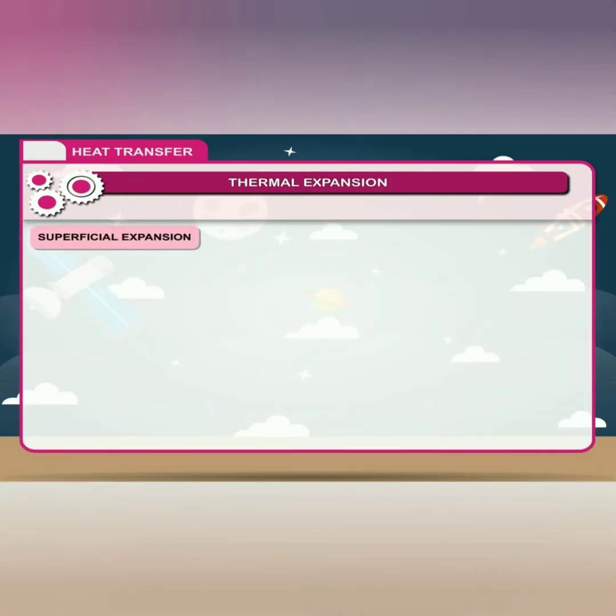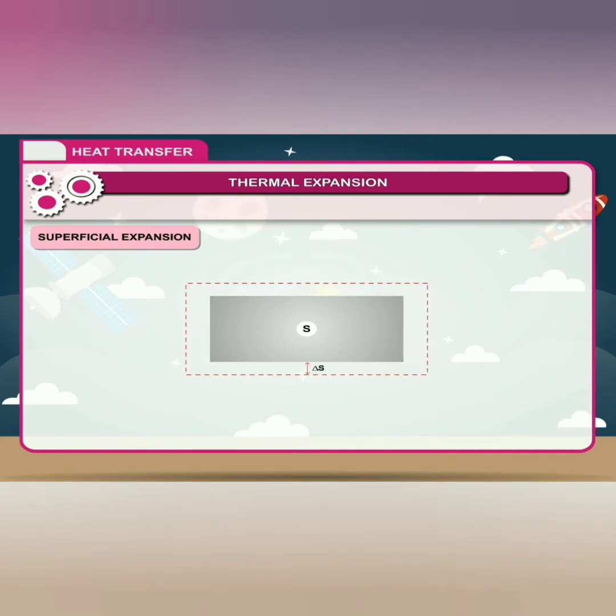Third is superficial expansion, the last type. Here you're going to suppose that S is the original surface area of a solid. Let ΔS be the small increase in the area of the solid when its temperature is raised by a small amount ΔT.